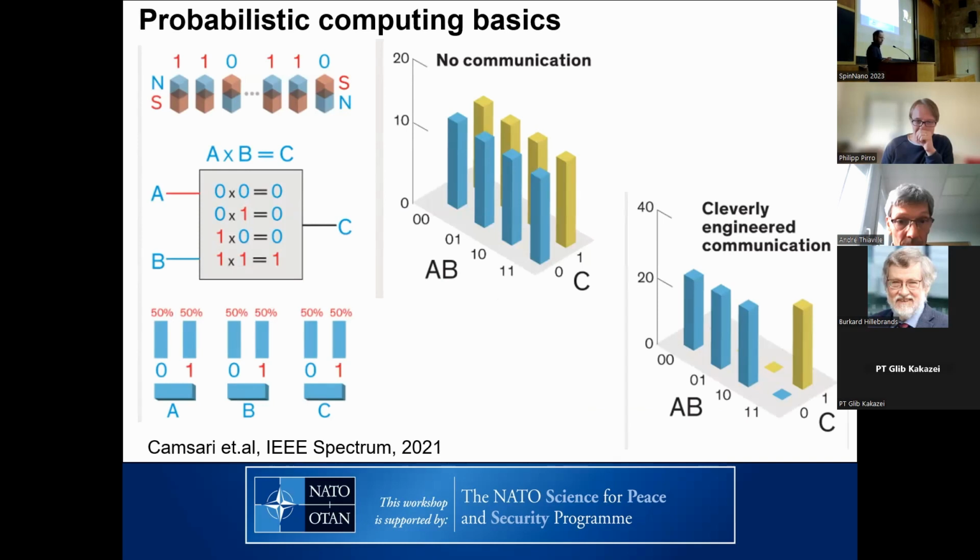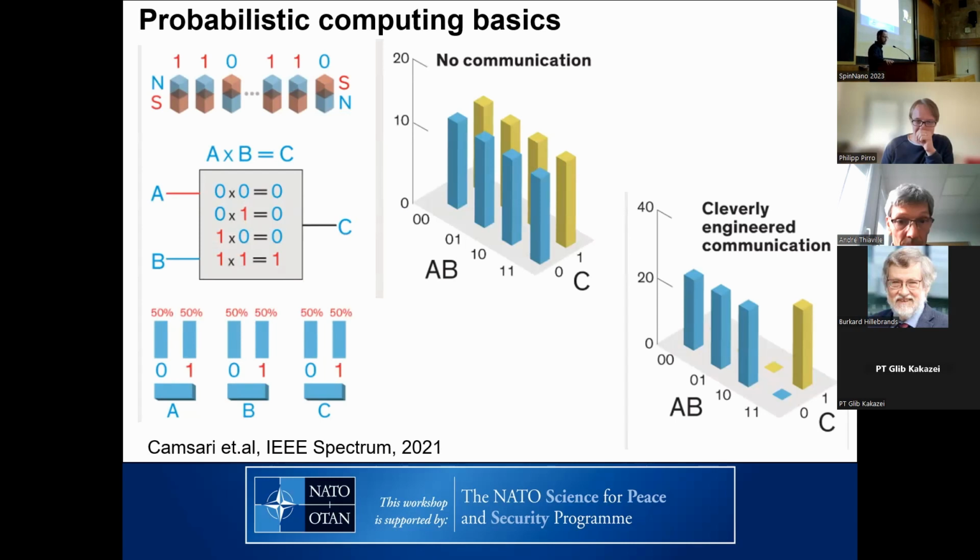If elements don't communicate with each other, have no connection with each other, each state of these three bits is equally probable. You have 2 by 2 by 2 states, as you see on this diagram. A, B code input and C codes output, and you have 8 probabilities, and all these probabilities are equal, 12.5%.